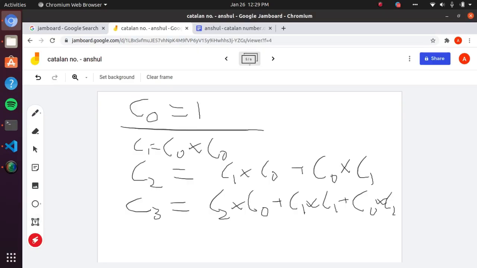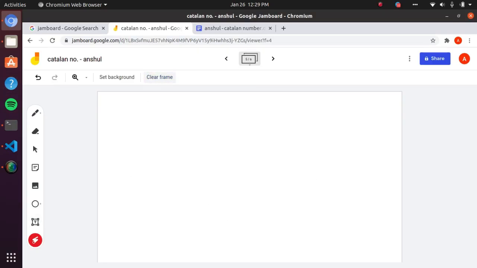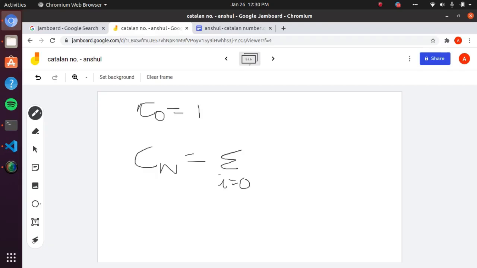Let me write the relation: C0 is 1, and Cn is the summation from i equal to 0 to n minus 1 of Ci into C(n minus i minus 1), for all n greater than or equal to 1. This is the relation.